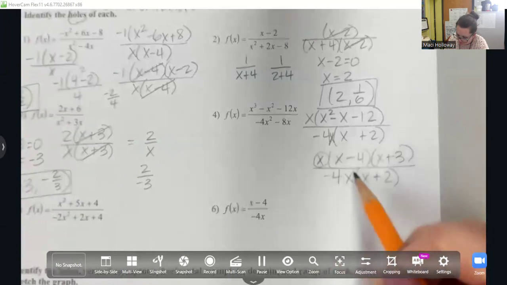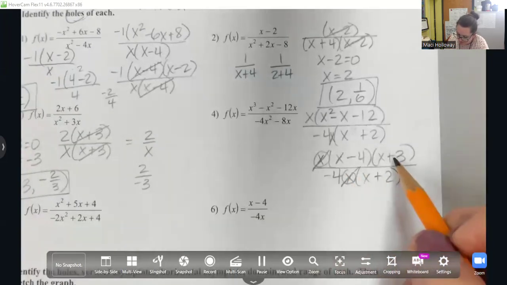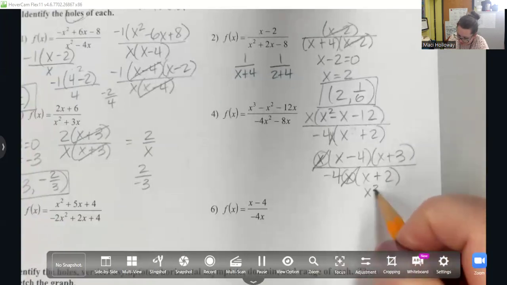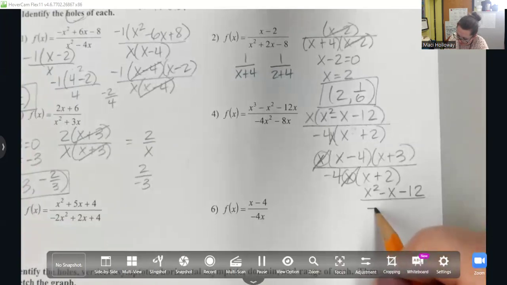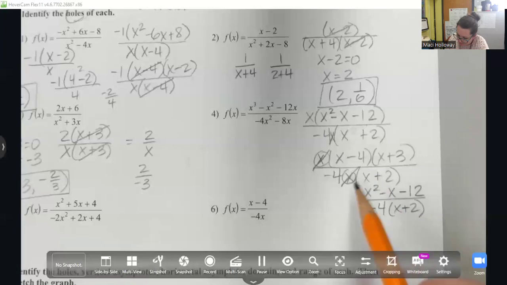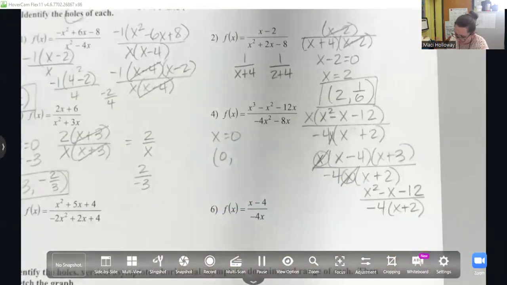So it looks like the only things that are in common are the x's. So my simplified form, if we FOIL that back out, is x squared minus x minus 12 over -4 times x plus 2. So set your common factor equal to 0. That's your x value.